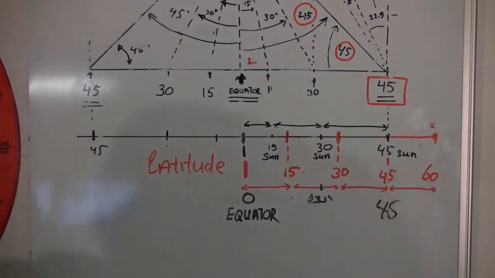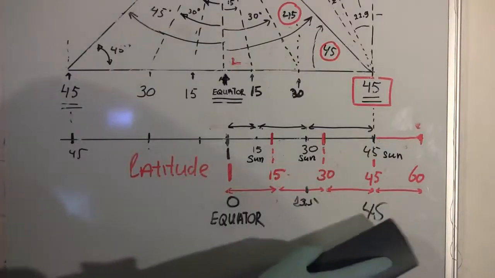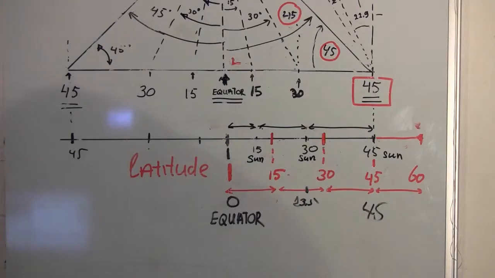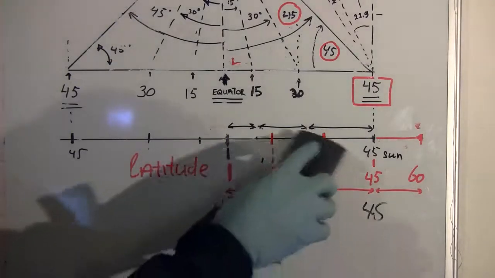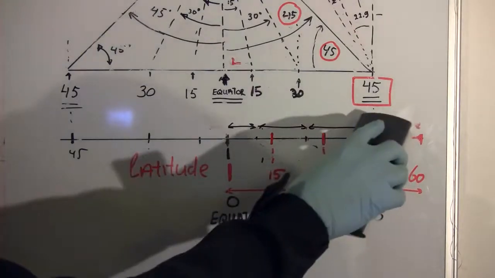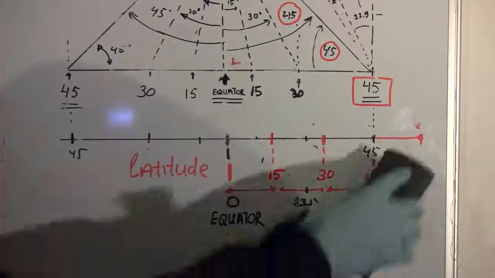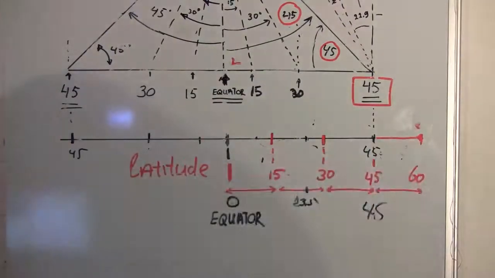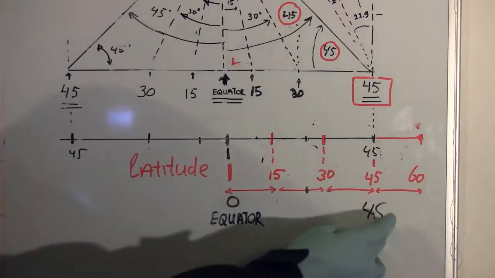This is very important. We know the importance of the 45 degrees. This is the latitude. The equator, 15, 30, 45.